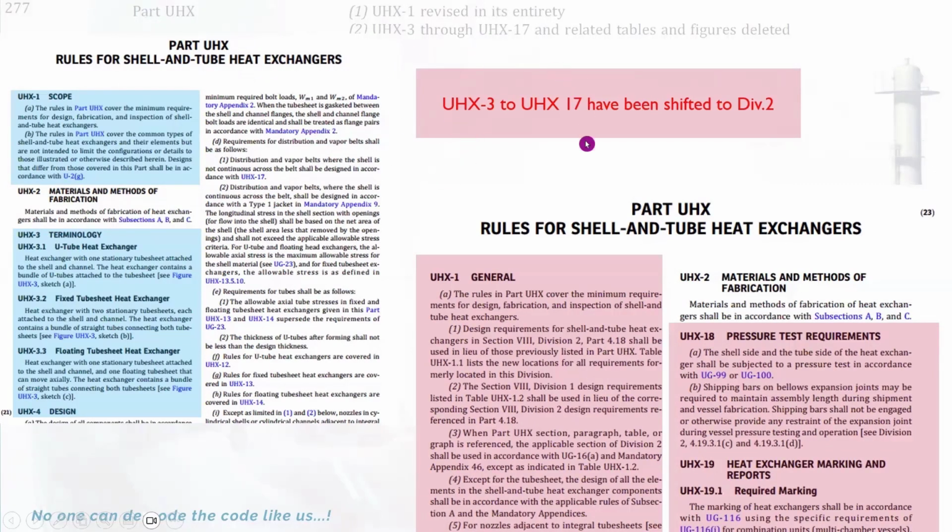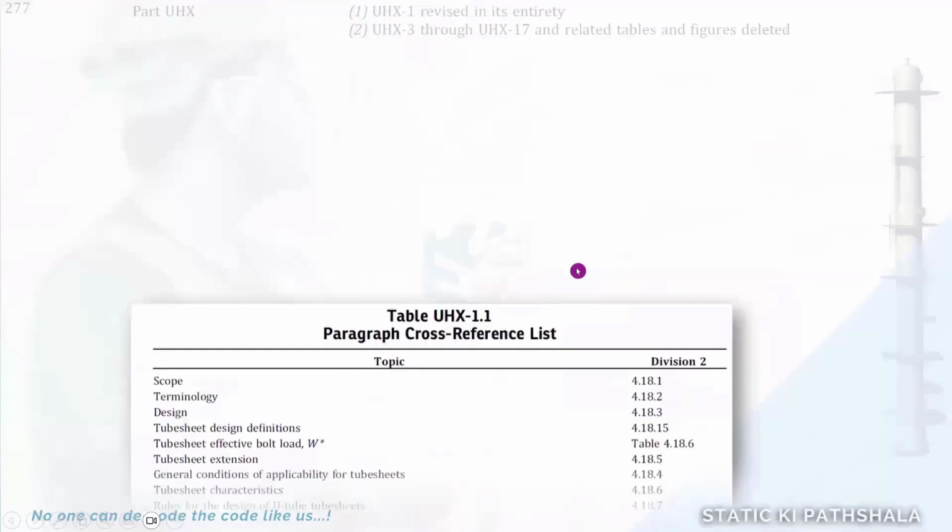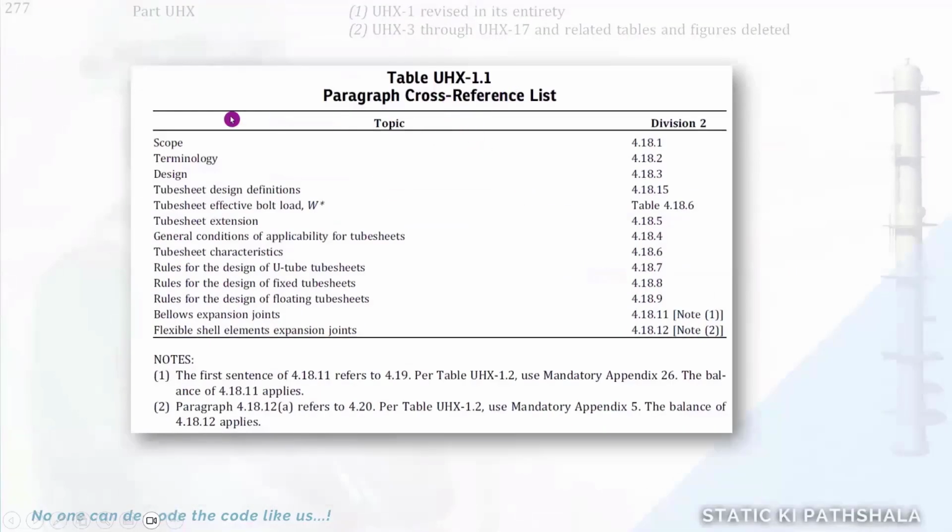For that, you need to have division 2 as well, and you have to refer to part 4, 4.18 to be specific, if you are going to use the calculations. Here you can see in the latest edition, after UHX 1 and 2, UHX 18 has come directly. Everything in between has been omitted and they have directly given us a table like this.